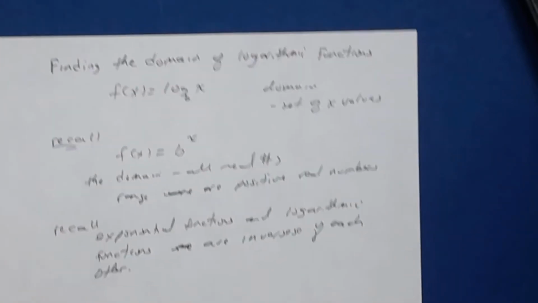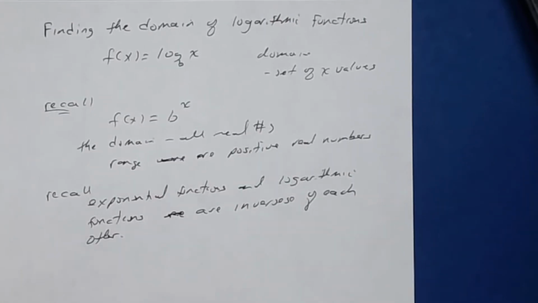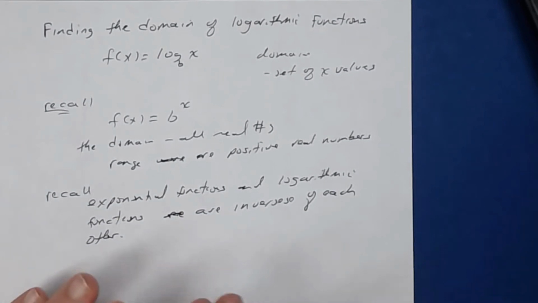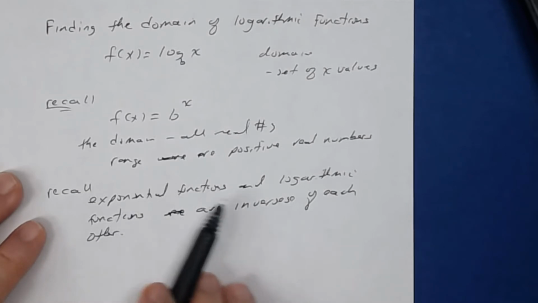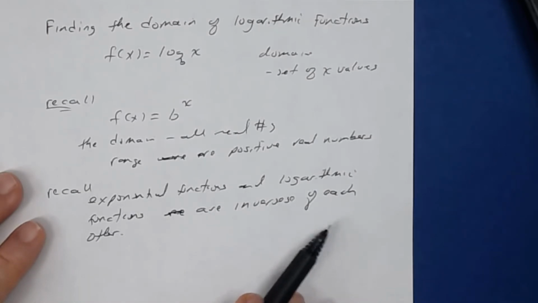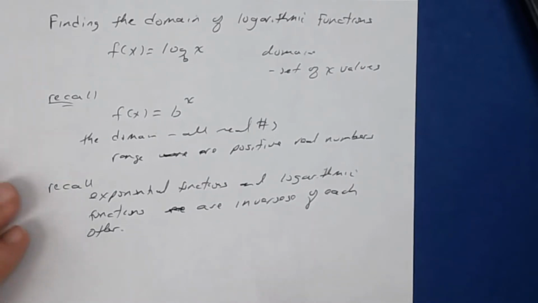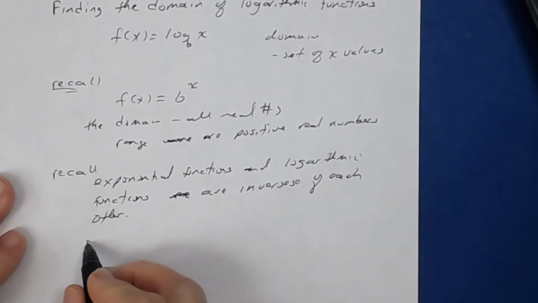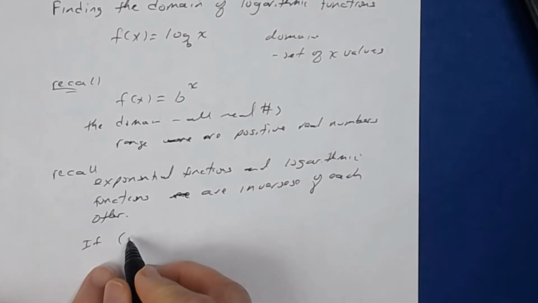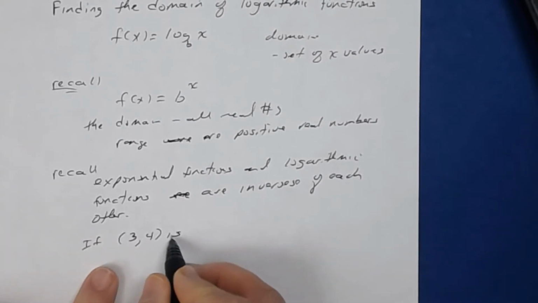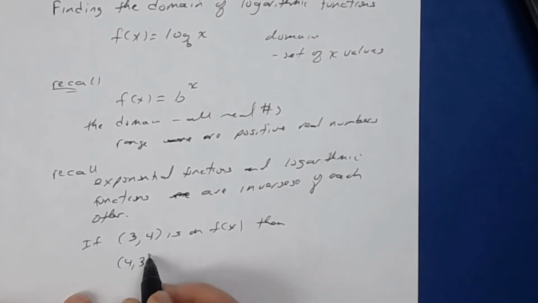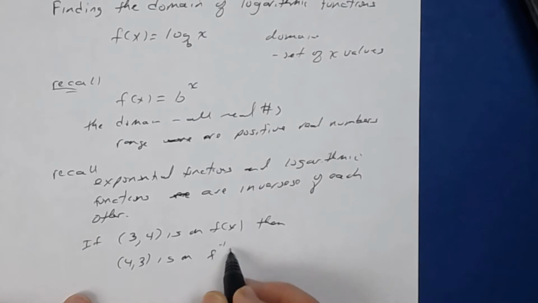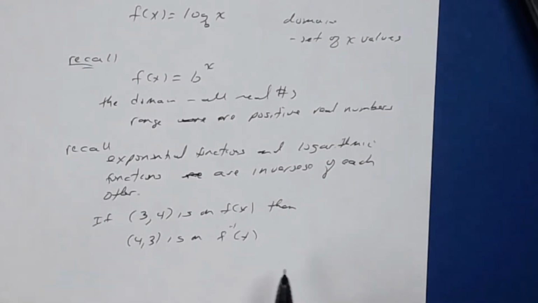What that means is that the x coordinates of one became the y coordinates of the other, and the y coordinates became the x coordinates of the other. So in other words, if the point 3, 4 is on f of x, then 4, 3 is on the inverse. Remember, the x became y, the y became x.